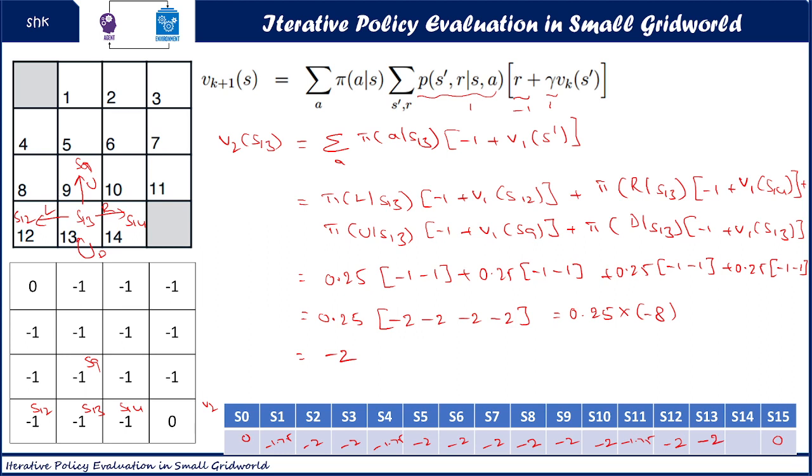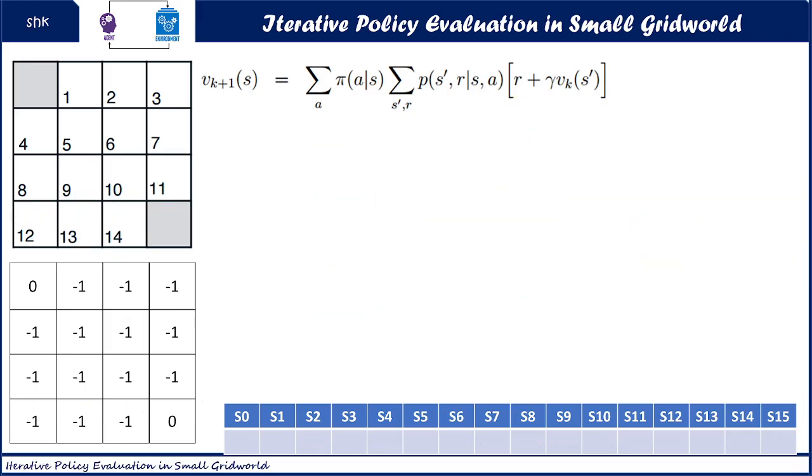Now we are interested to find out S14. So for S14, we will compute the value function, that is V2 of S14. When we are in S14 state, left action goes to S13, right action to the terminal state, that is S15, up action to S10 state, down action falls into the same state.